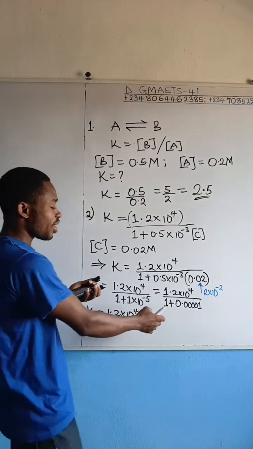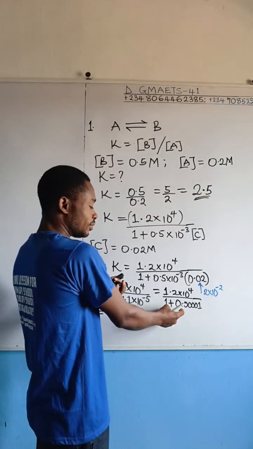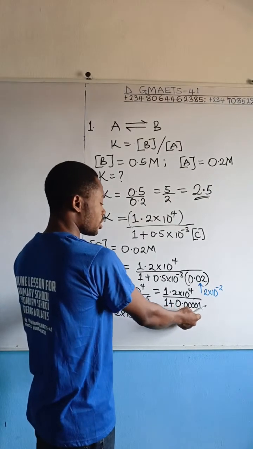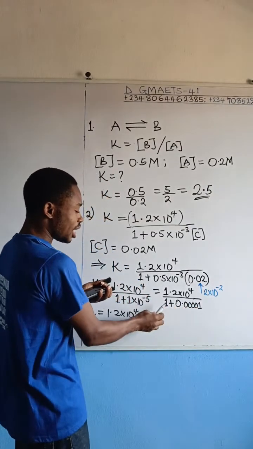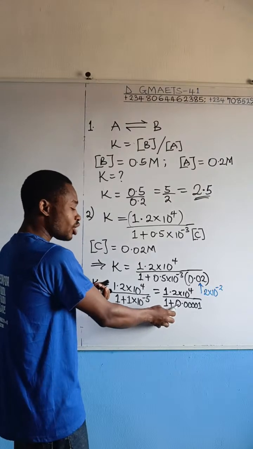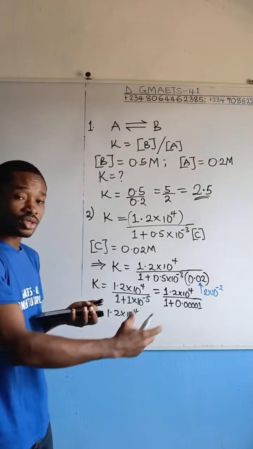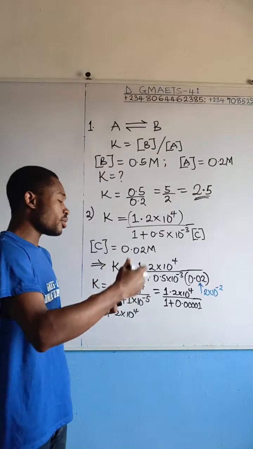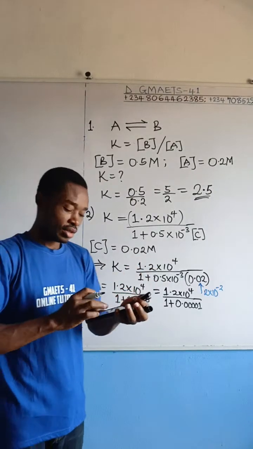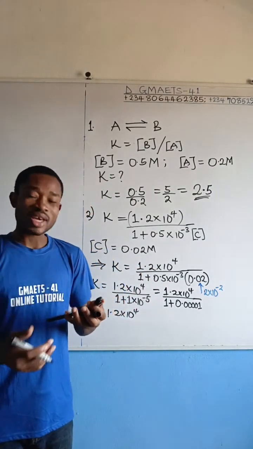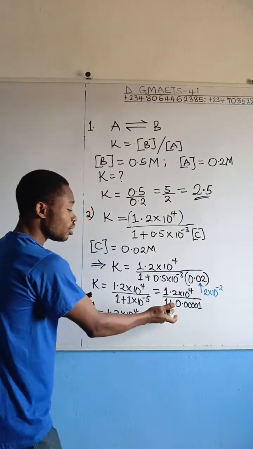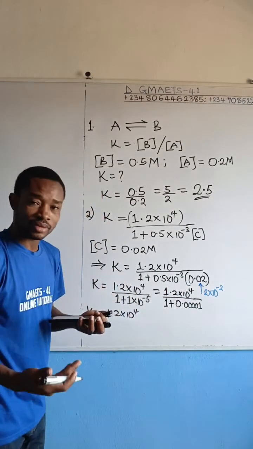Let me show you something. If I write this as 1 plus 0.00001, take note that this 1 will add up to this 0 whole number part to give you 1.00001. Which, of course, if you look at that, you can approximate it. This denominator is approximately equal to 1.